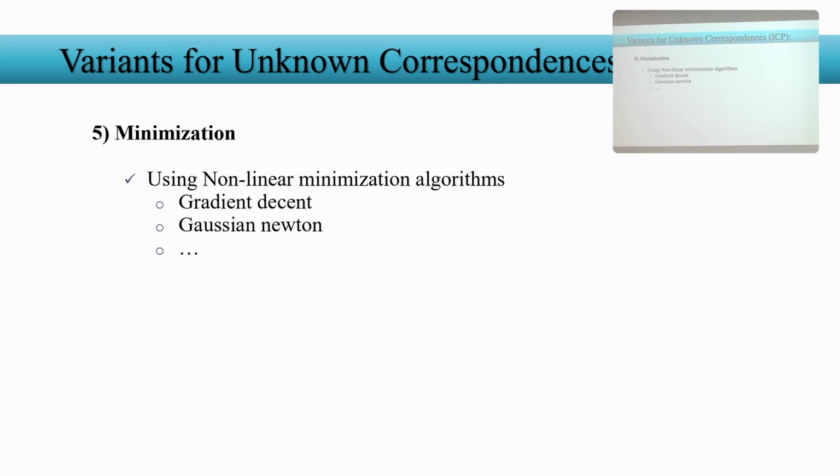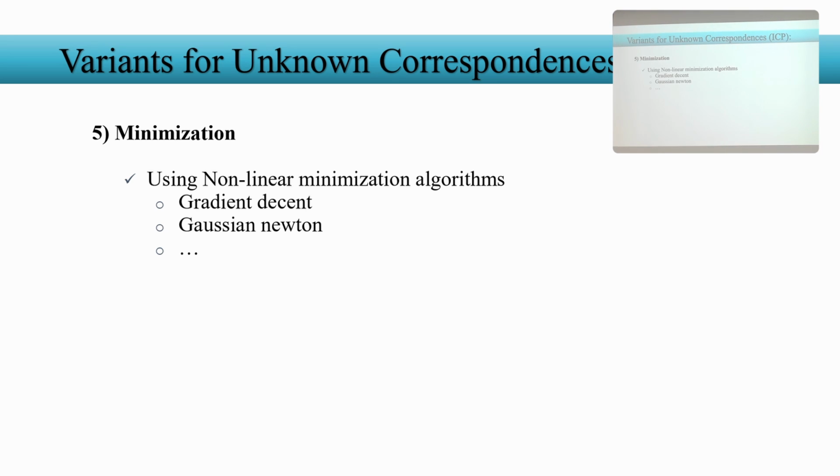And finally, we have minimization. Minimization says that using nonlinear minimization algorithms can be useful here. For example, gradient descent. If you remember, in a neural network, gradient descent was helping us to calculate the weights to minimize the error. Here we have a similar problem, so gradient descent can be applied to do the same thing.